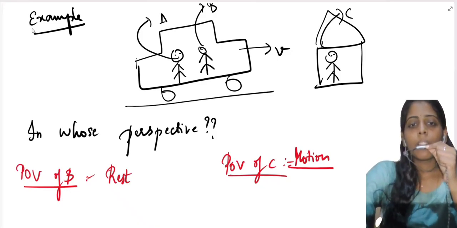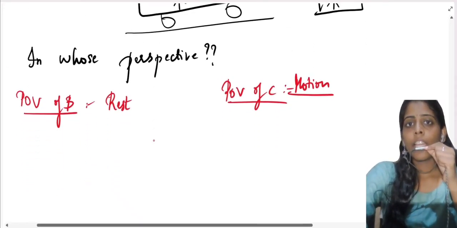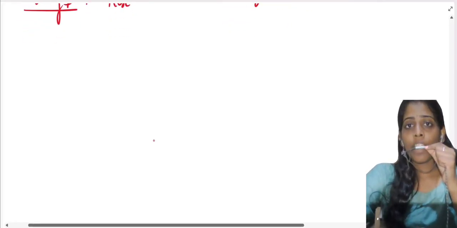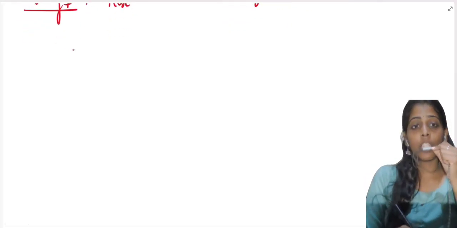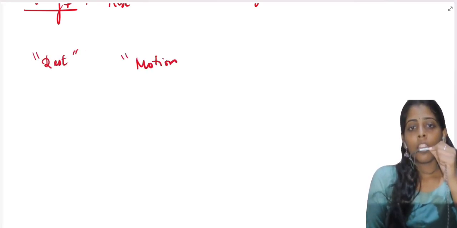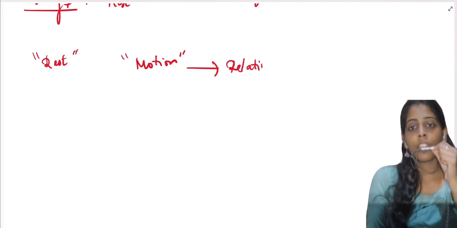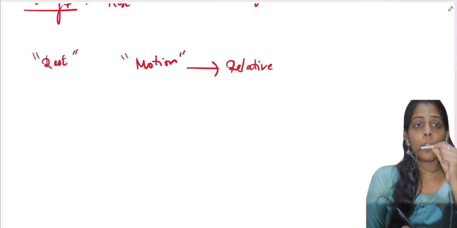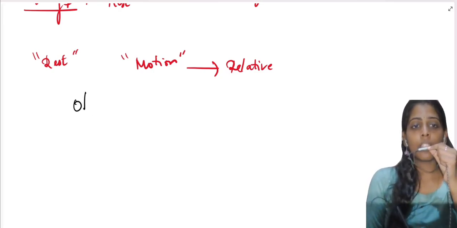So the same person A is moving for one person, and is at rest for another person. So this is why I called both these terms, rest and motion, relative. Relative to what? They are relative to the observer.